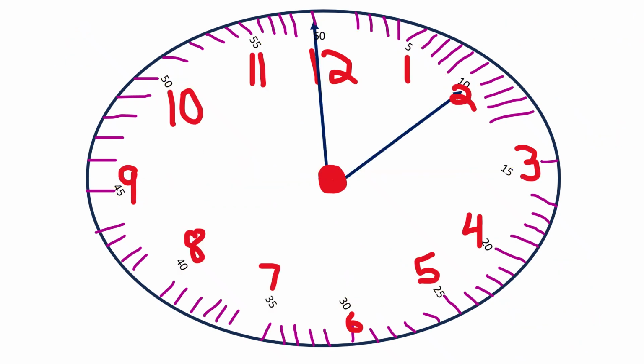And I'm going to give you a second. Okay, now this one's really hard, but this is actually, I'm going to highlight the smaller hand. Okay, so that's fairly easy if you said 2 o'clock. And you don't know if it's 2 o'clock a.m. or p.m. We'll get into that later. So that's 2 o'clock. You were right.